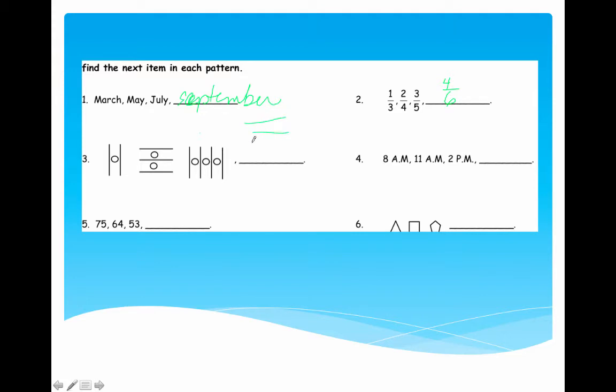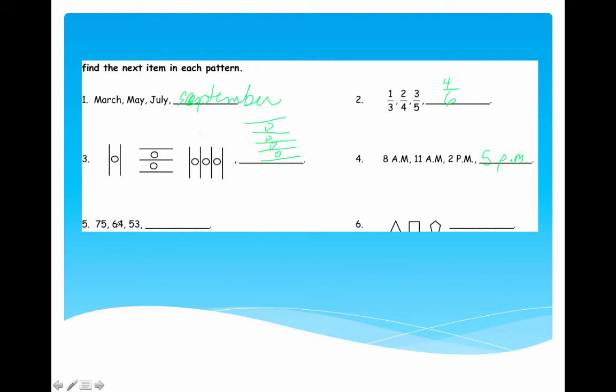So 1, 2, 3, 4, 5 lines, circle, circle, circle, circle. Number 4, we've got 8 a.m., 11 a.m., 2 p.m. This is something you're fairly familiar with, so it probably occurs to you that's 3 hours, 3 hours. So our best guess would be 5 p.m.